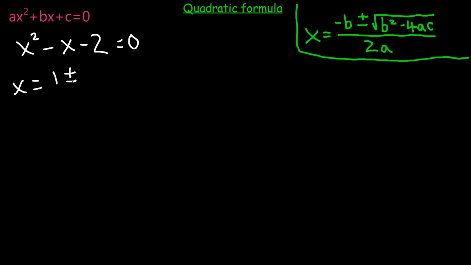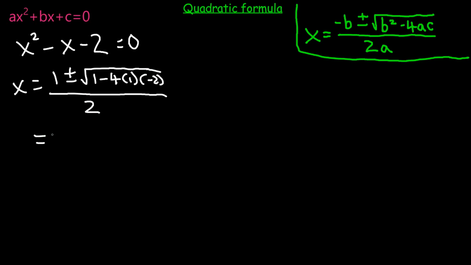Then we have plus or minus the square root of b squared, well minus 1 squared is 1, minus 4a, which is 1, c, which is minus 2. Minus 2. All divided by 2 times a, which is 1.